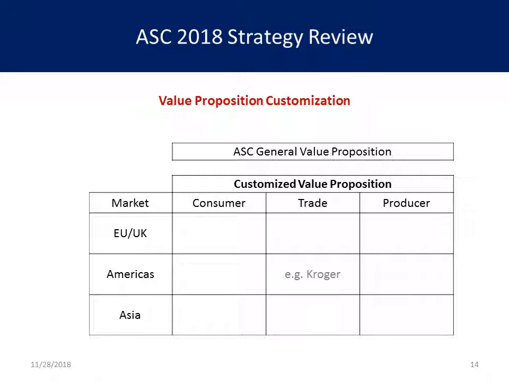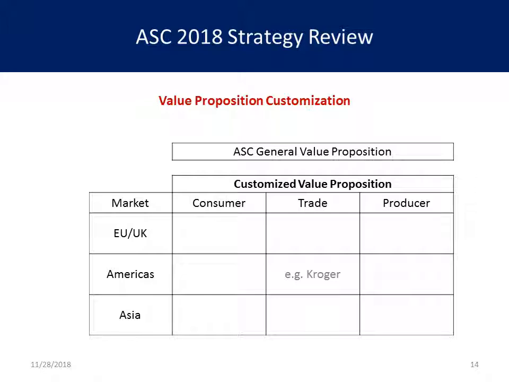Another layer of complication or variation in the value proposition is that the most effective value propositions are customized for key client or targeted segments of customers, channels, or markets. So it's very likely that before the ASC value proposition would be presented to someone or actually used directly, a customized version of it may have to be created for different key markets, as you can see on the left side of this diagram.